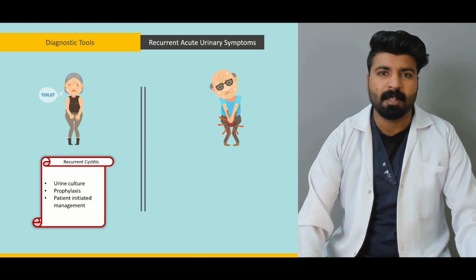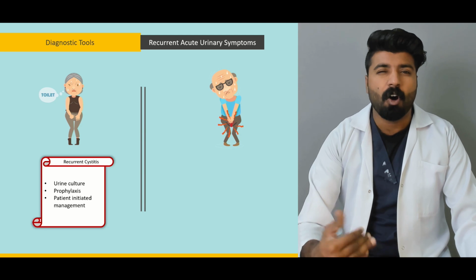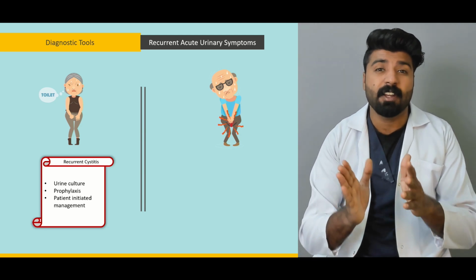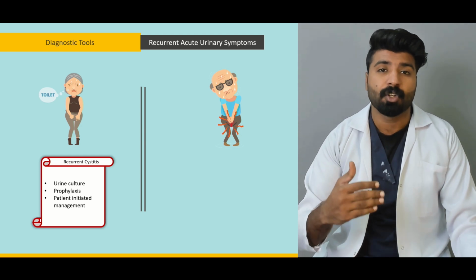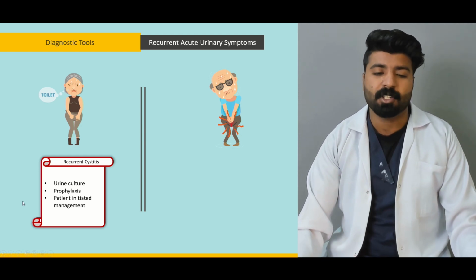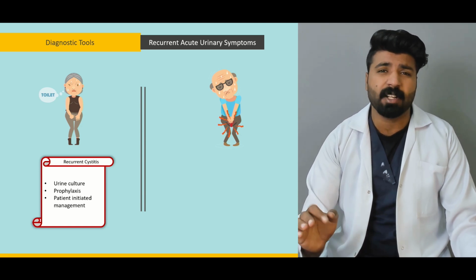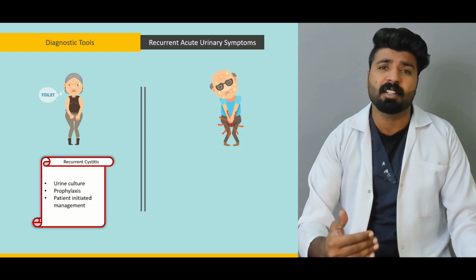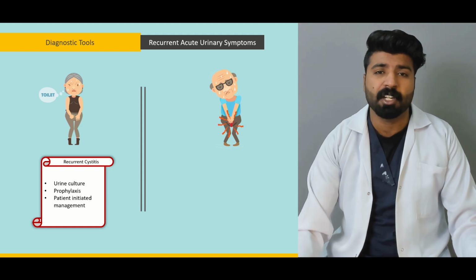It should not contain pathogens. The toilet seat must be covered properly and must be clean. All of these factors are very much responsible for causing recurrent UTIs. So you'll ask the patient to take care of these things, and that's called patient-initiated management. It also includes those antibiotics which will be given prophylactically, so the patient will start this management on their own. That can also be included in patient-initiated management.